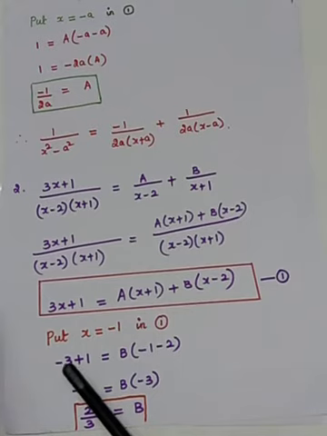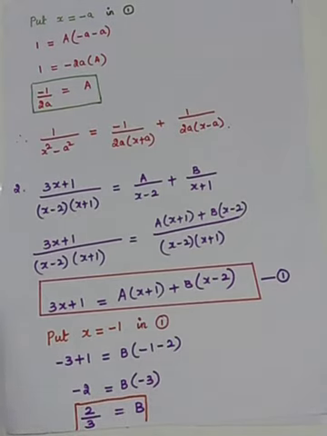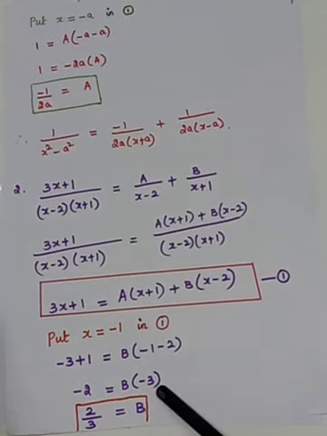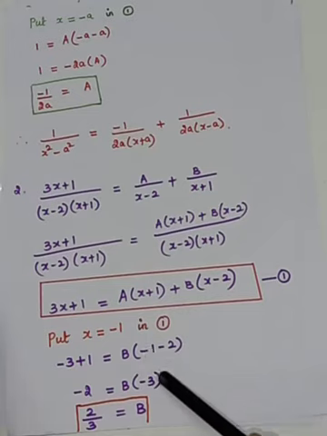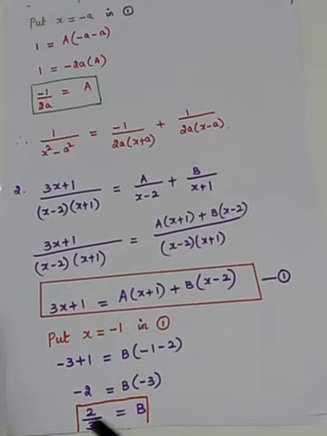Okay, here minus 3 plus 1, when you simplify, it is minus 2. What you have to do, you have to find the value of b. And look at your b and minus 3, how they are in the product. So when you take it to the other side, it will come as a division, that is in the denominator. Already minus 2 and minus 3, minus getting cancelled. So b is equal to 2 by 3.